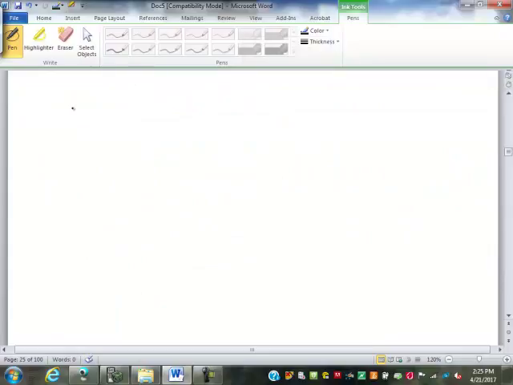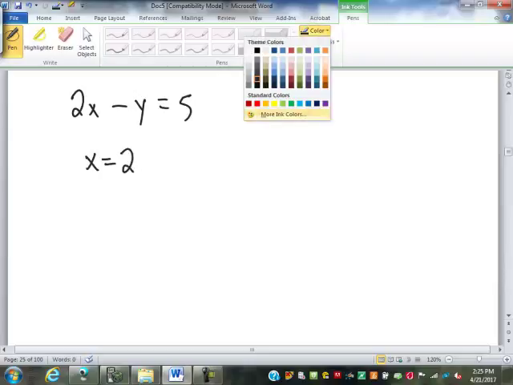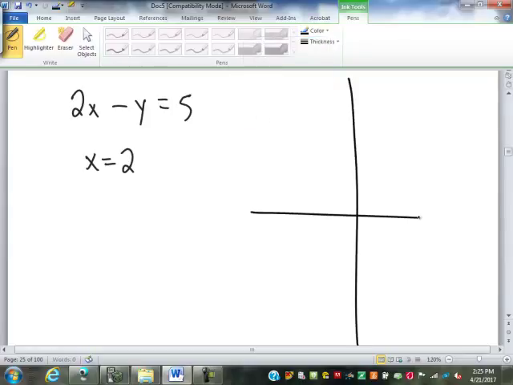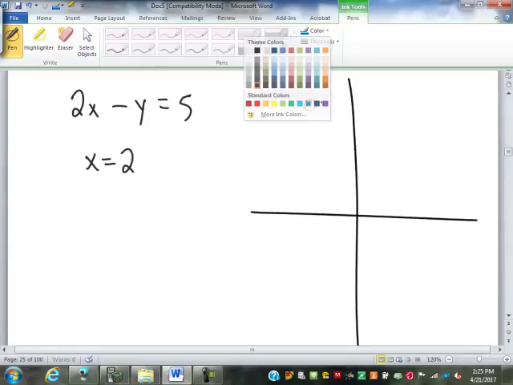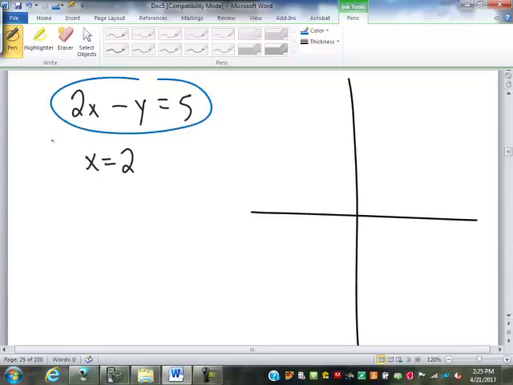We might have 2x minus y equals 5, and we might have x equals 2. So we go to graph this. Our top equation here, we're going to solve it for y. Where do we start?